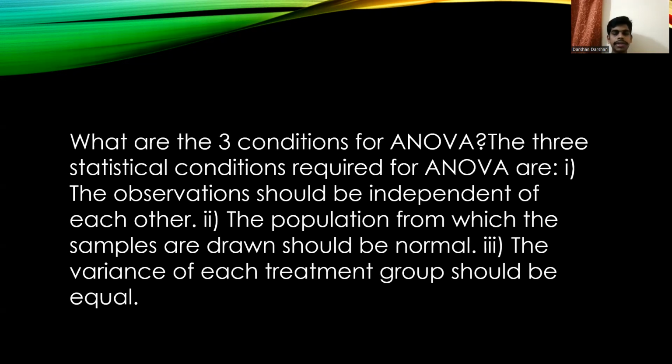So now, what are the basic conditions for two-way ANOVA? There are three major conditions. The statistical conditions required for ANOVA are: first, the observations should be independent of each other, not dependent. Second, the population from which the samples are drawn should be normal.